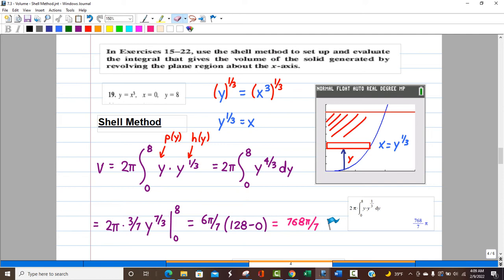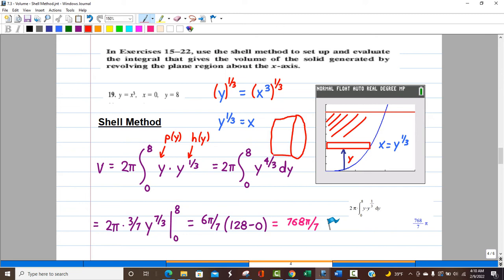Anyway, the shells are actually sideways this time. They're circular shells that, I don't have a stylus with me, but unlike the other shells, they're kind of going this way now. Let me draw it right here. Like so. And then it goes this way. So I'm kind of freehanding that with a mouse pad.